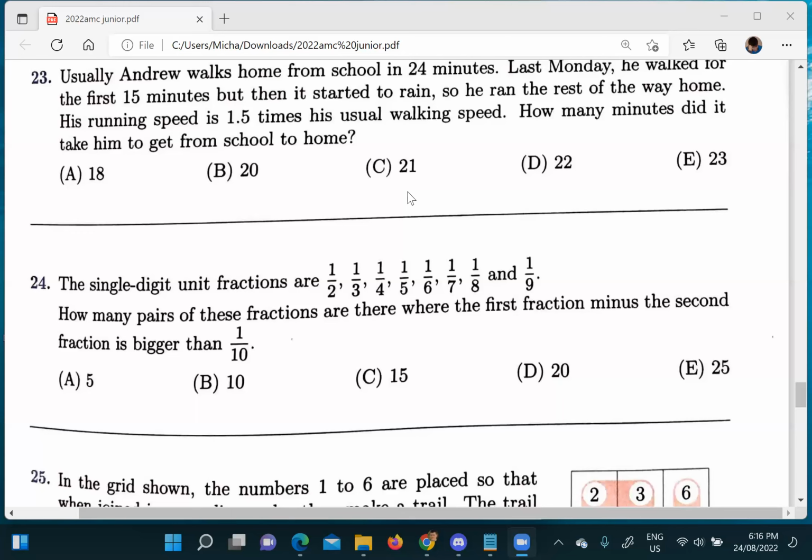So actually the number of pairs altogether is 8 choose 2. We actually did that in class, remember? 8 choose 2. It's 8 times 7 divided by 2, which is 28. There's actually 28 pairs altogether, and the question is how many of those 28 have a difference bigger than a tenth, yeah?